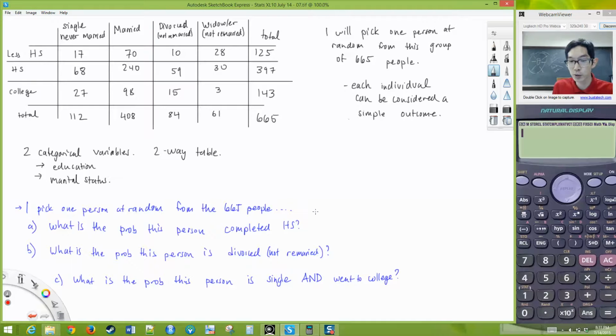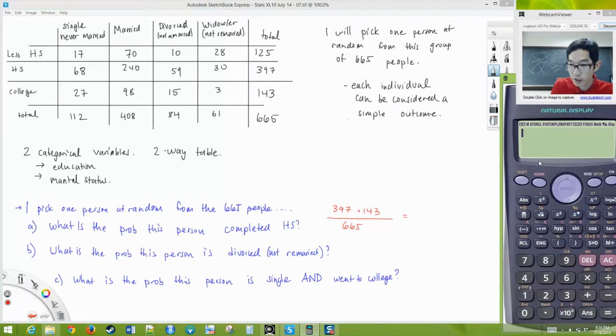Completed high school, we have a total of 397 people who completed high school, plus the 143 people who went to college, okay? And we divide this by how many total possible outcomes there are when we pick one out of 665 people, right?